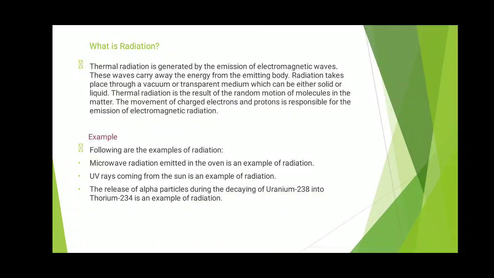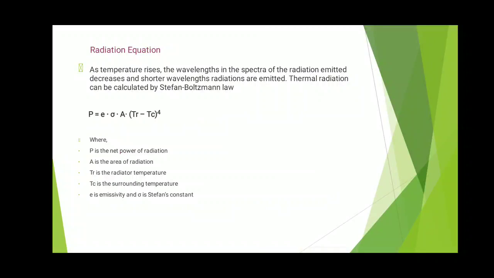Now, the radiation equation. As the temperature rises, the wavelength in the spectra of the radiation emitted decreases, and shorter wavelength radiation is emitted. Thermal radiation can be calculated by the Stefan-Boltzmann law.